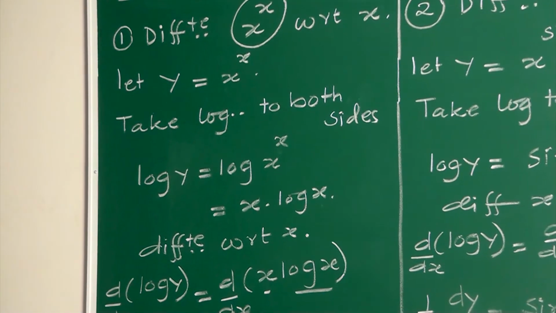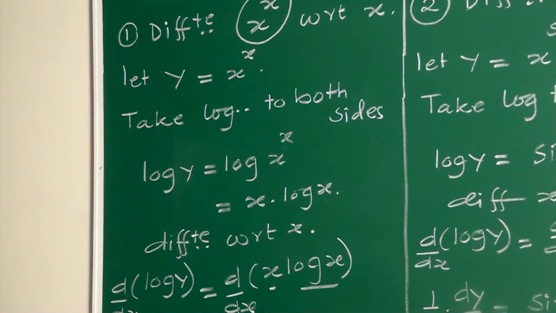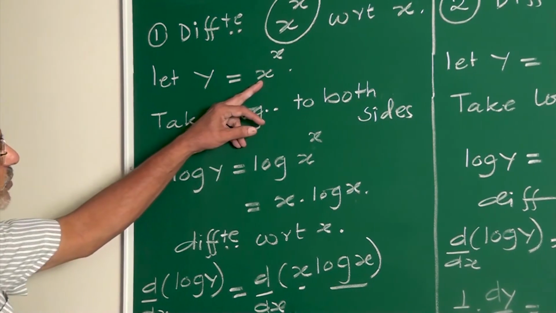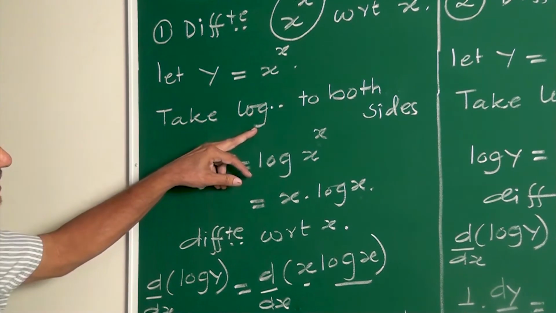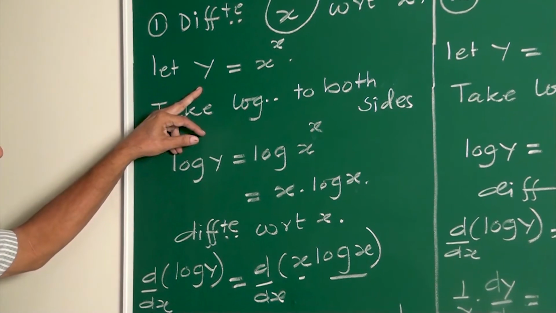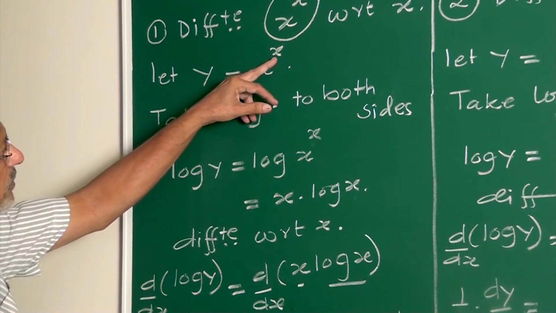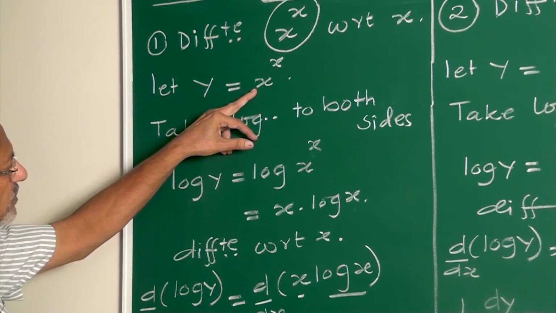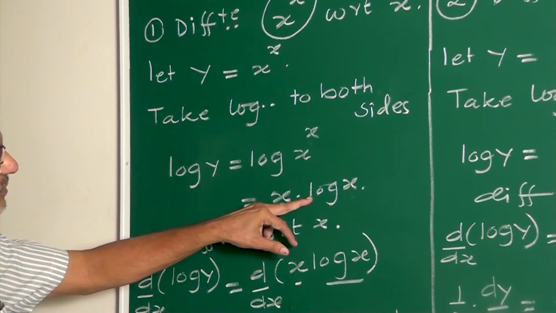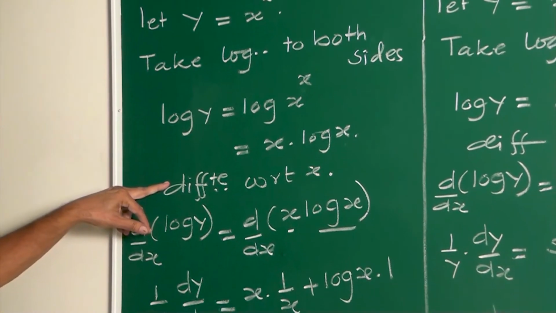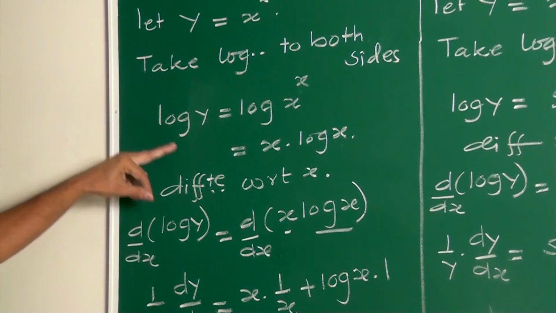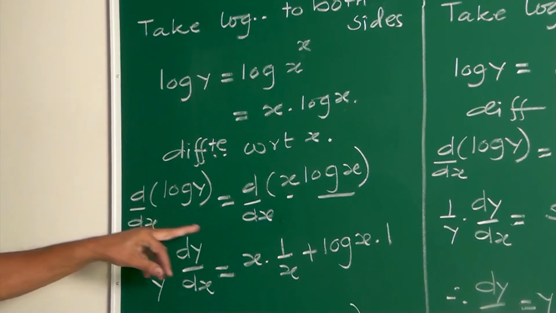Good example under 2-mark question, my friends. What you have to do: let y equal to x to the power x. Take log to both sides. Log of LHS equal to power into log of the base, x log x. Differentiate. Derivative of LHS equal to derivative of RHS.